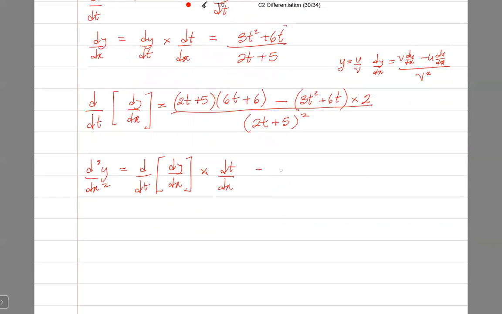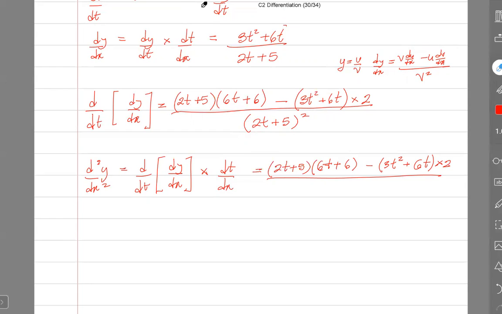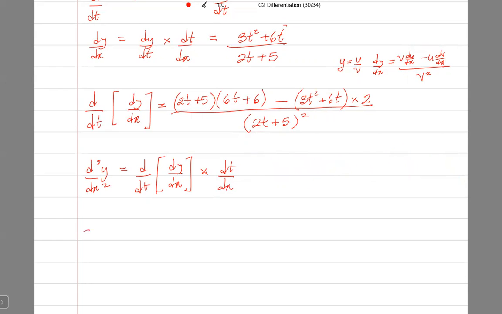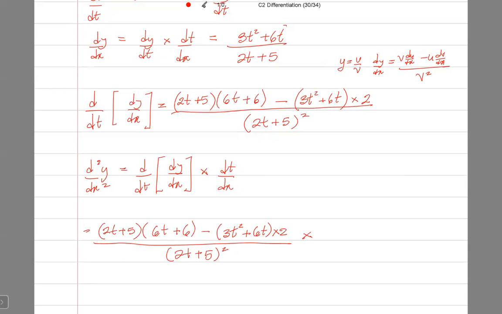So this is equal to 2t plus 5 multiplied by 6t plus 6, minus 3t squared plus 6t multiplied by 2, all over 2t plus 5 squared, and you're going to multiply by the reciprocal of dx by dt.